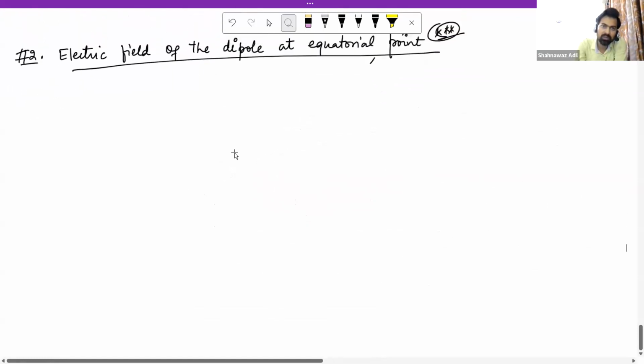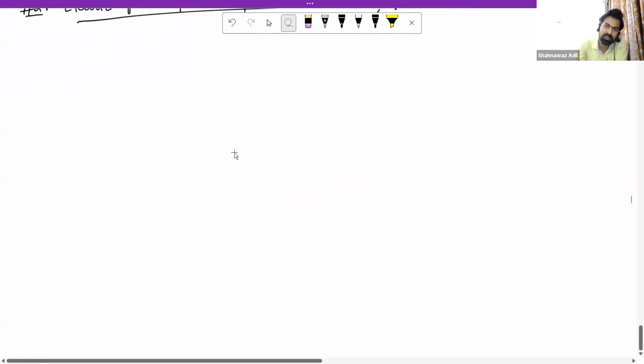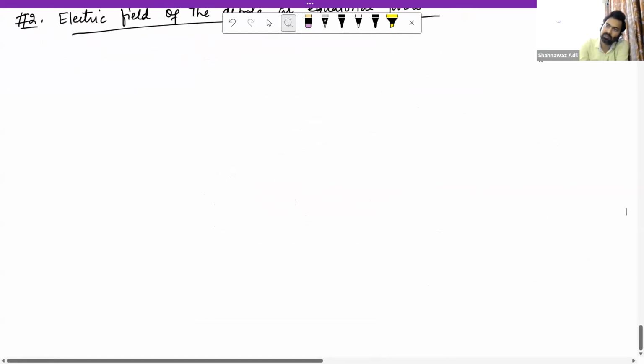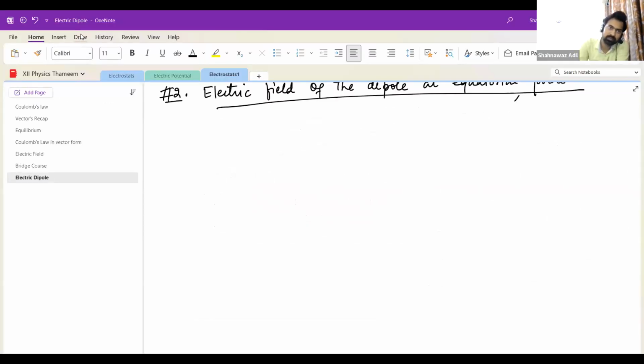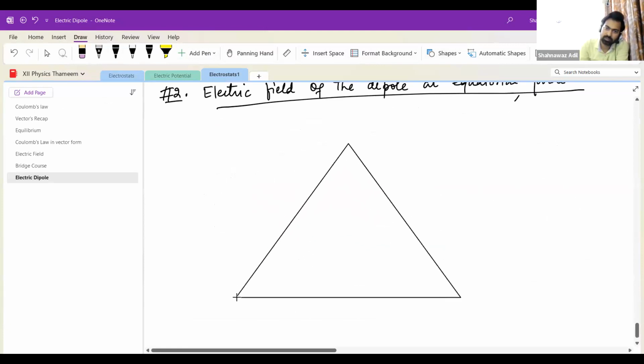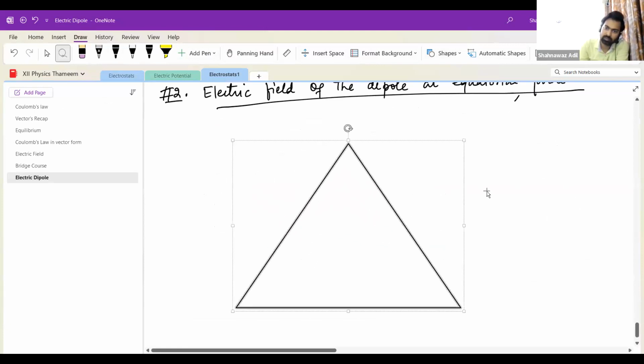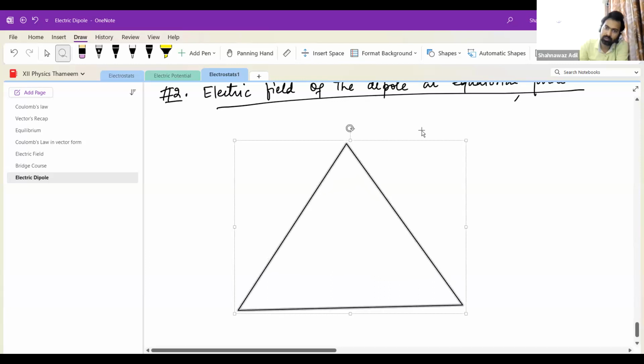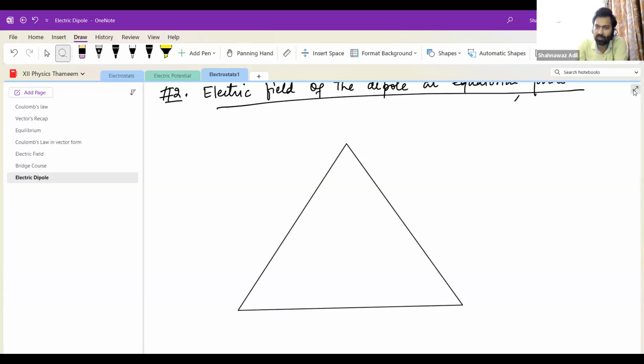So let us draw the diagram. So this is the diagram, right?